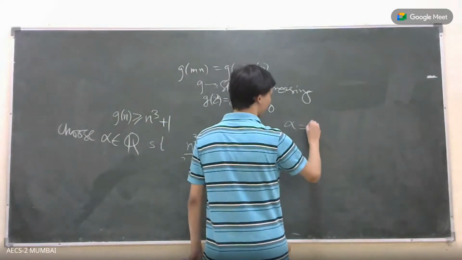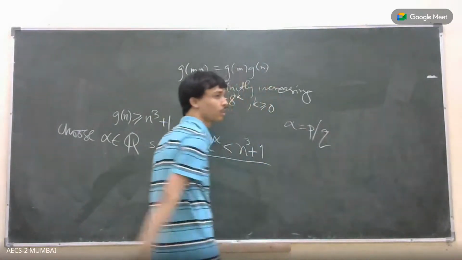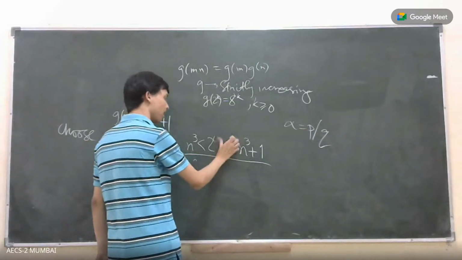Now, I basically say alpha equals p by q and do Cauchy.